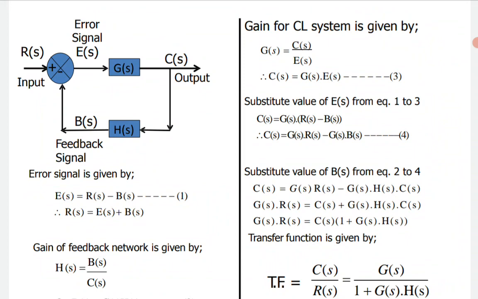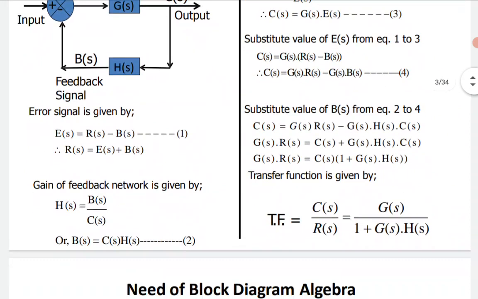Now substitute the value of E of s, already available, from equation 1 into equation 3. E of s is R of s minus B of s. That has been substituted, so C of s is equal to G of s whole into R of s minus B of s, and B of s you already know is C of s into H of s.